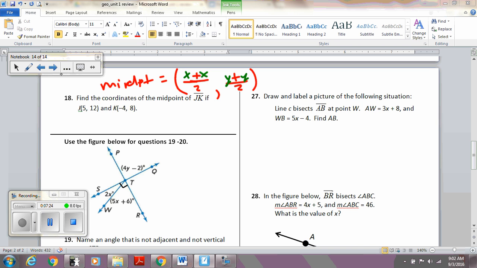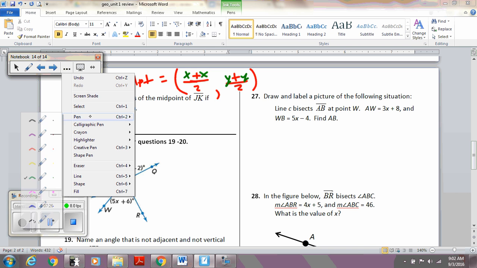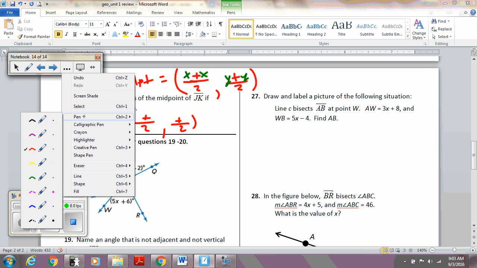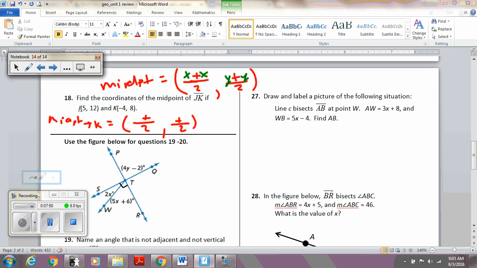So for JK, again, draw my formula skeleton and insert the correct values in the correct location.